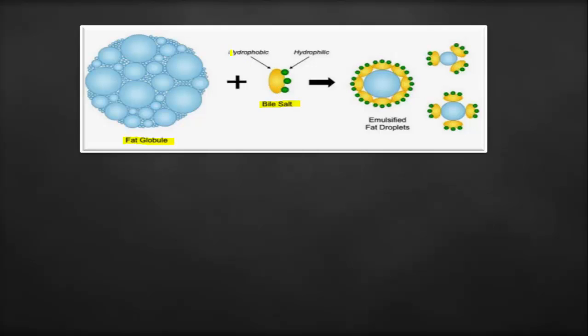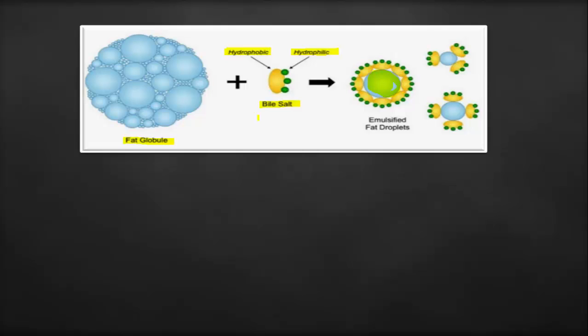There are two portions in the bile salts that I would like to highlight: hydrophobic and hydrophilic. The hydrophilic part is always outwardly directed when it combines with the fat globule, because the hydrophilic part attracts water, and the hydrophobic part repels water.